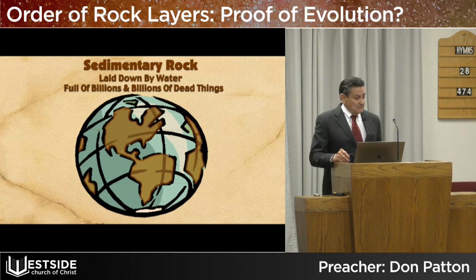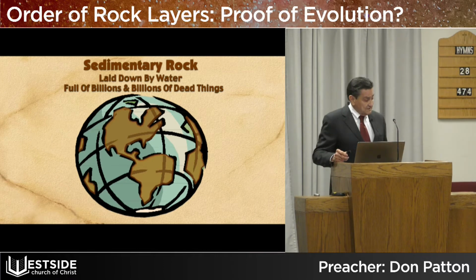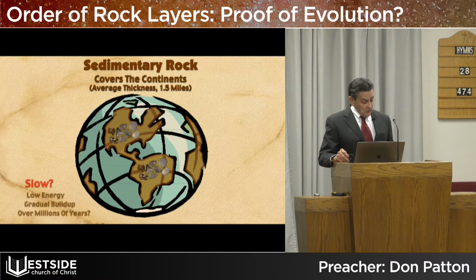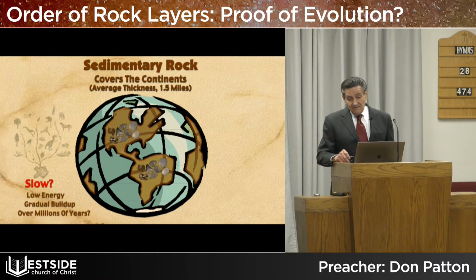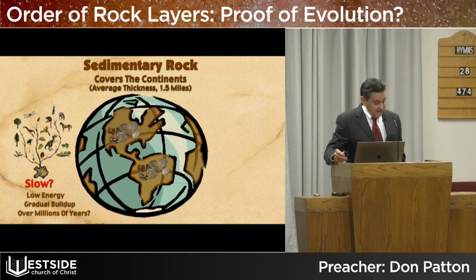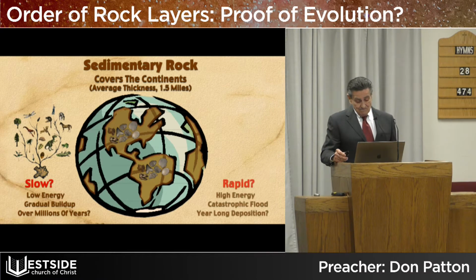Now, how do we account for these sedimentary rocks laid down by water to an average depth of 1.5 miles, covering the continents? They're full of billions and billions of dead things. The evolutionist says this was a slow, gradual process that can be read like a book, and we go back through time and we see the process of evolution. That sounds like a pretty powerful argument if you see evolution reflected there.